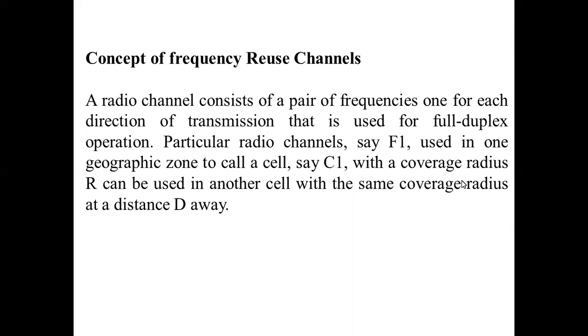Actually, we know that in a radio channel, we use a pair of frequencies, one for each direction, that is one for the transmission, and the other for the receiving operation. So let us suppose we have a radio channel that is operated at the frequency f1, and this covers the area that is C1.